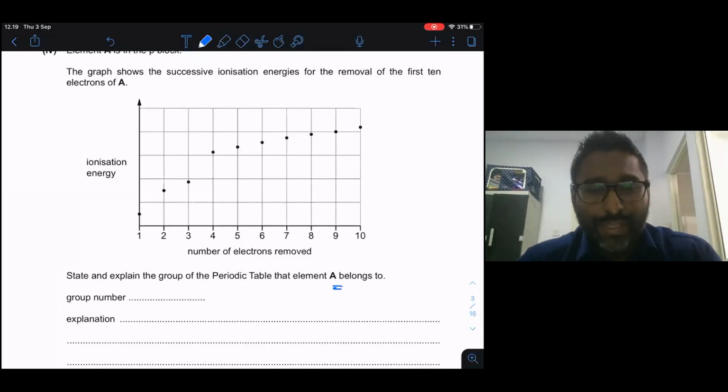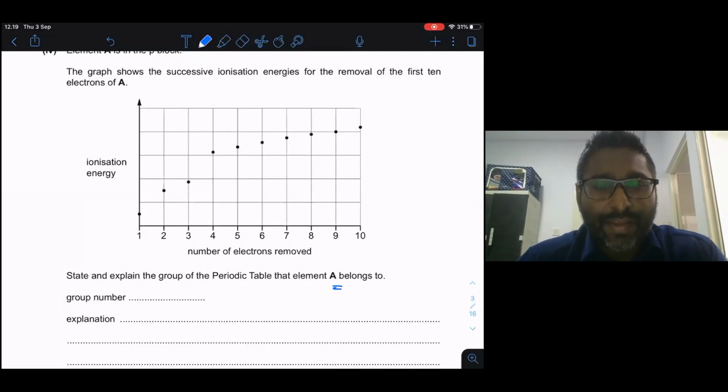Jody, can you tell us what the answer is? Group 3. Why group 3? The change in ionization energy from 3 to 4 is high. Explain more.